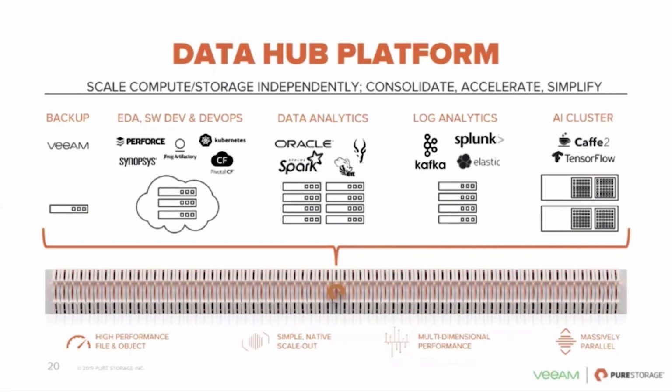So you can see you've got your Splunks and Elastics, Kafka, Spark, TensorFlow, Kubernetes. There's a whole series of other applications that run really, really well on FlashBlade. And you can see some of them there. And as I said, 80% of our customers that use FlashBlade for rapid restore are running other applications on FlashBlade.